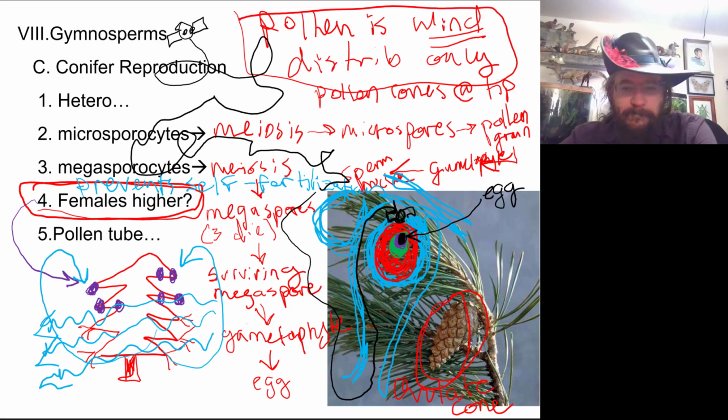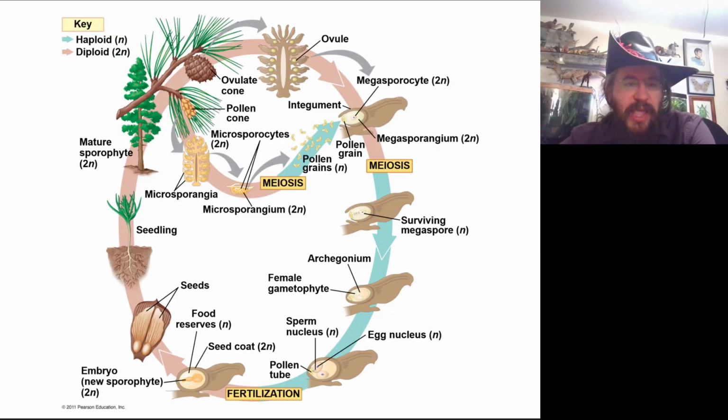It takes about a year to grow the pollen tube, and some species even longer. The longest reproductive cycle in some of these gymnosperms is 3 years from pollen landing at the integument to functional seed. Whew.